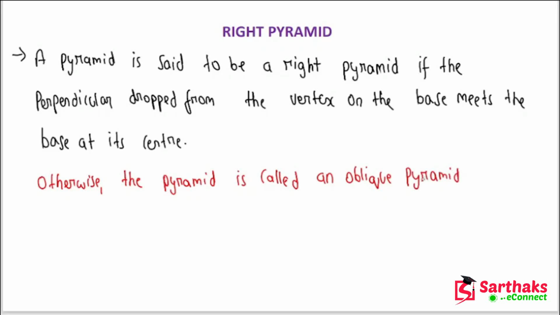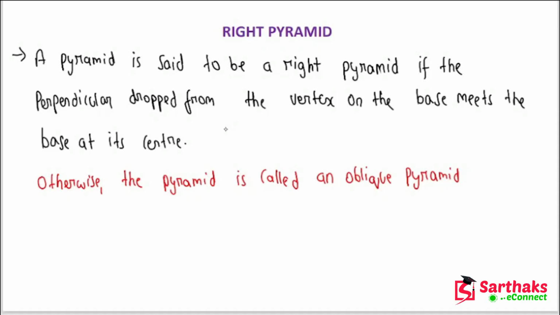Okay, so clearly if you draw the perpendicular from the center of the base, then it should meet at the vertex. That is what we mean by a right pyramid.